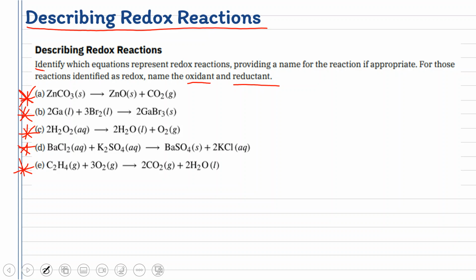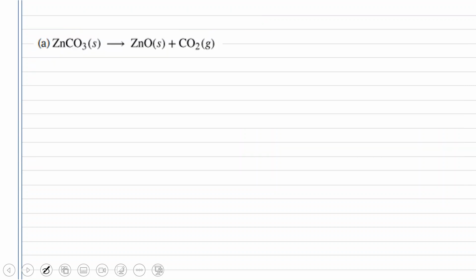We want to identify which equations represent redox reactions. That's the first thing we want to do. We want to provide a name for the kind of reaction we think it is. Then, if it's a redox reaction, we want to identify what the oxidant is and what the reductant is. So I hope you're ready. This is our first one. I'm going to throw this question to you.